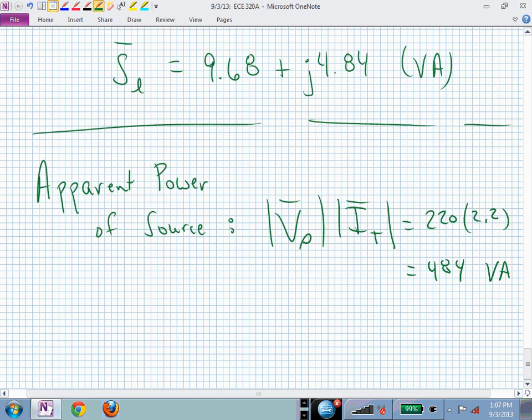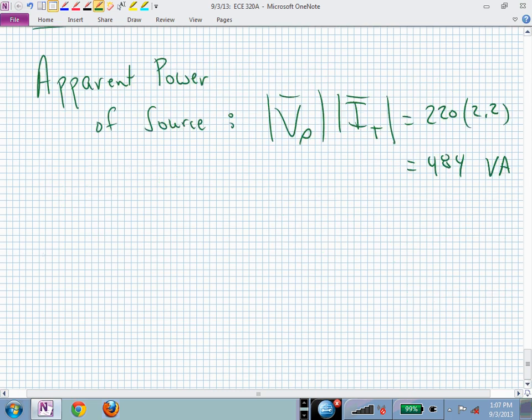Everything should be consistent. We could say, okay, what's the power factor at the source? Is that the same as the power factor at the load? Generically, no, is it?